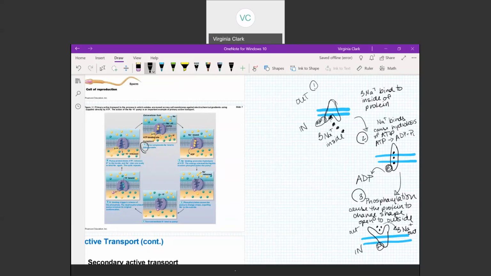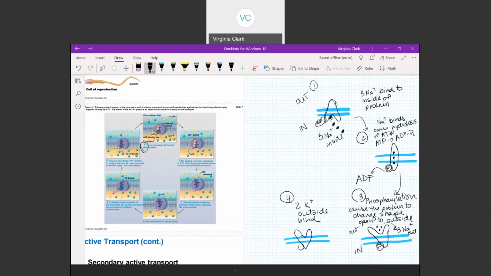So that's step 3. What's happening in the next part will be step 4. At step 4, 2 potassium outside will bind. So we've just released our sodium. Here's my plasma membrane. My protein looks like this.